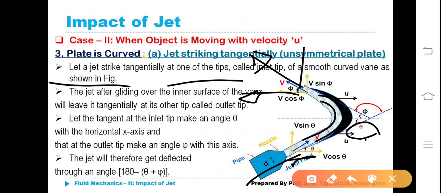Therefore, the jet will get deflected through an angle 180 minus (theta plus phi). This phi must be equal to this phi from the geometry of the figure. Next slide.